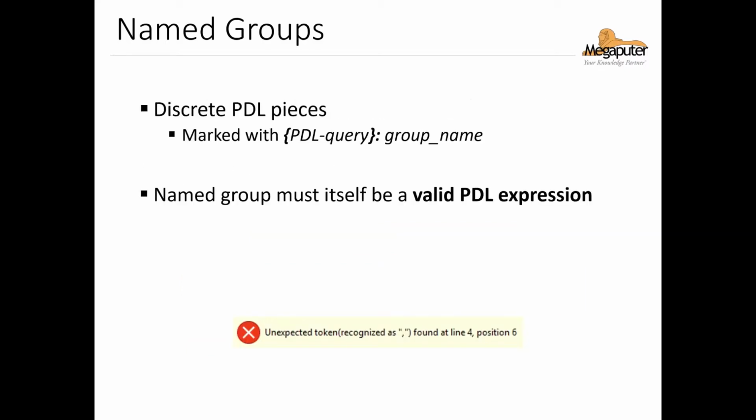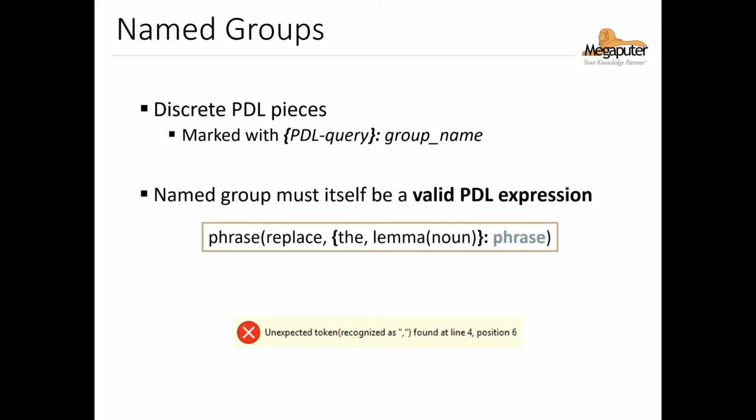But when we create named groups, we need to make sure we're doing them properly. The PDL queries that we're putting into our named groups must be by themselves an entirely valid PDL expression. So, for example here, phrase replace the lemma noun.